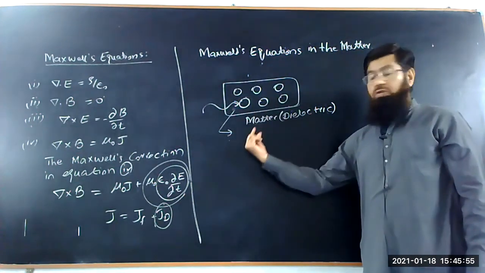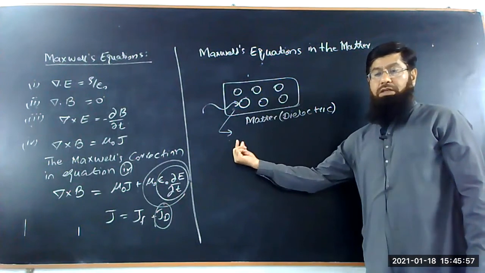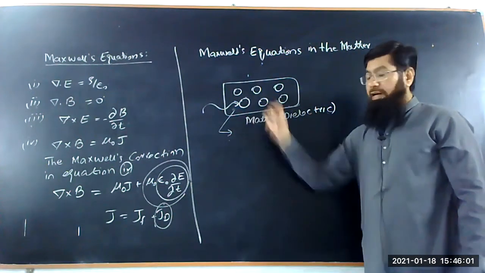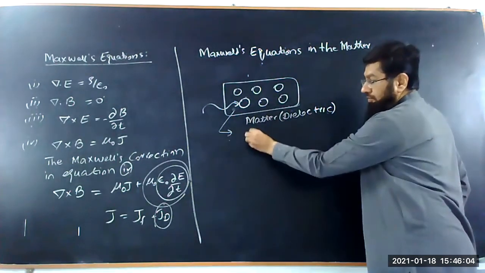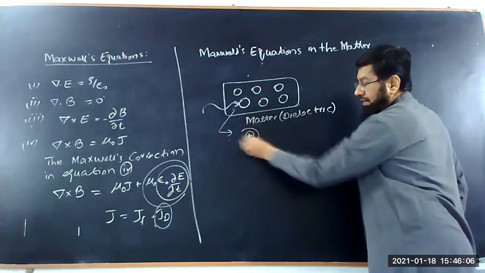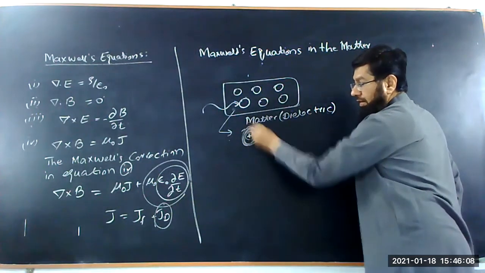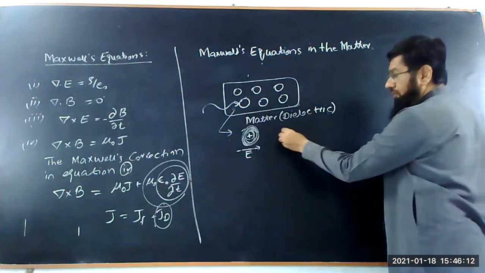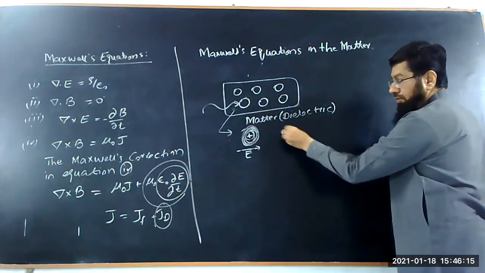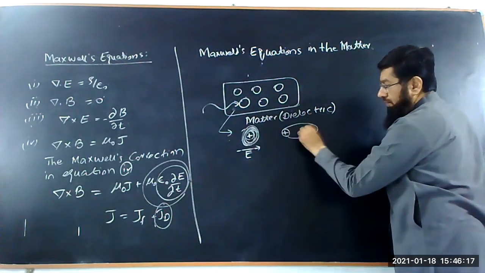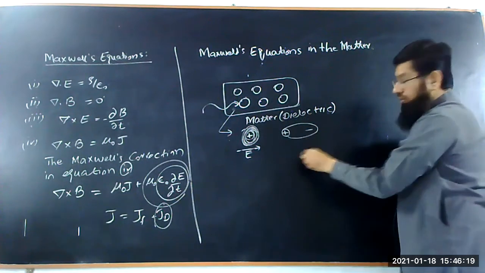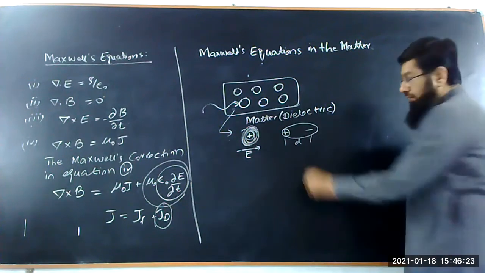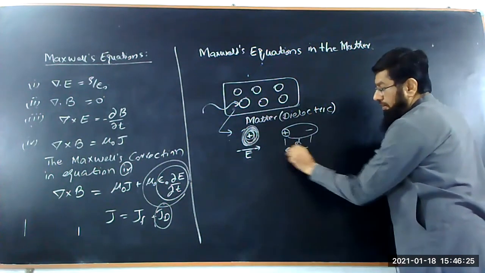It means the nucleus is separated from the negative core of the electrons. This is the positive nucleus and these are the electronic cloud. Here, if it is placed in the electric field of the electromagnetic wave, as a result, this positive nucleus is separated from this negative cloud. This separation is a small displacement d, and we call it the polarization p.